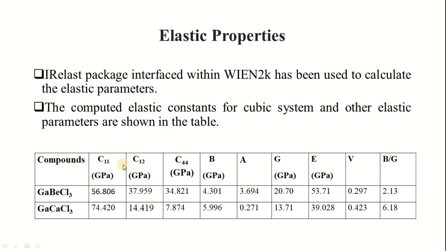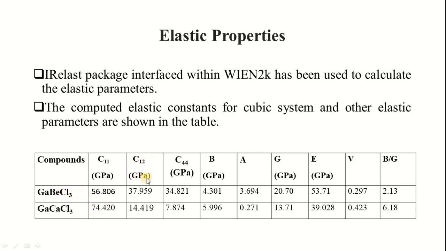So let's have a look at the C11 value for gallium beryllium trichloride, which is 56.80, and for gallium calcium trichloride the C11 value is 74.42, which is higher than gallium beryllium trichloride. So we can say that a compound having a greater C11 value will be harder. So gallium calcium trichloride is harder than gallium beryllium trichloride.